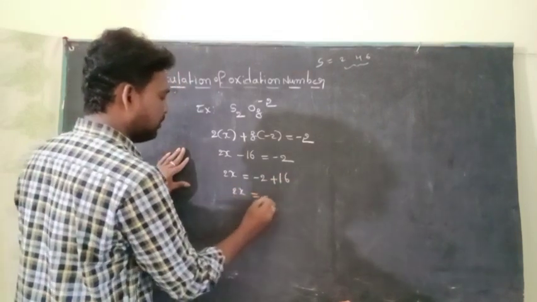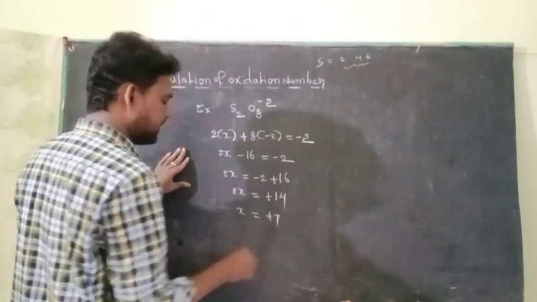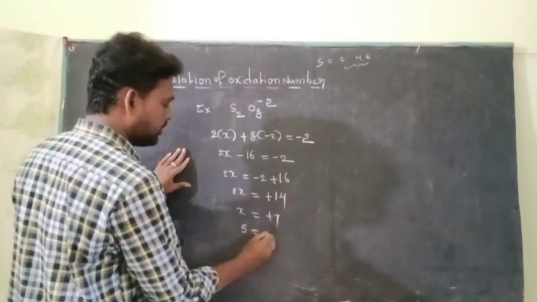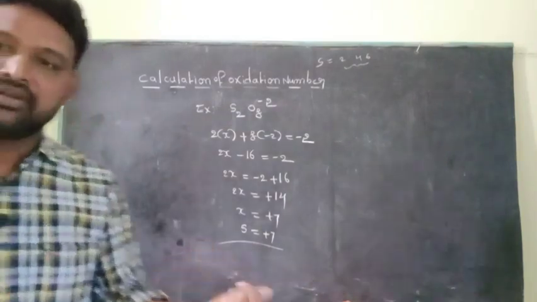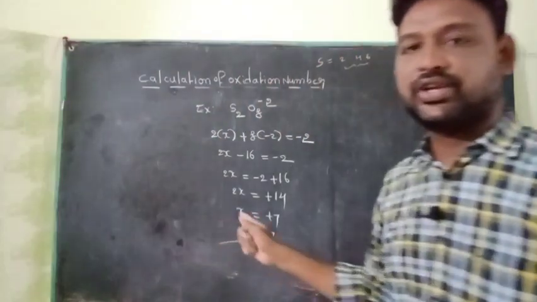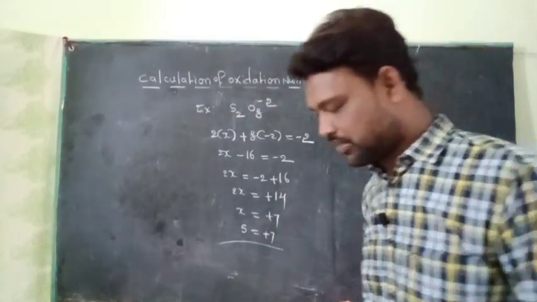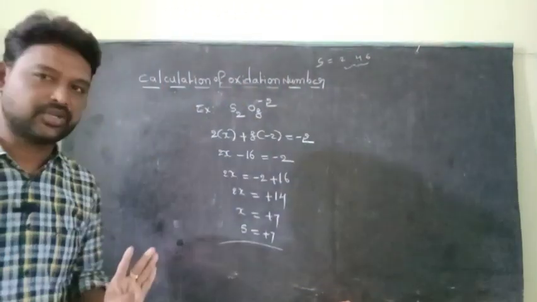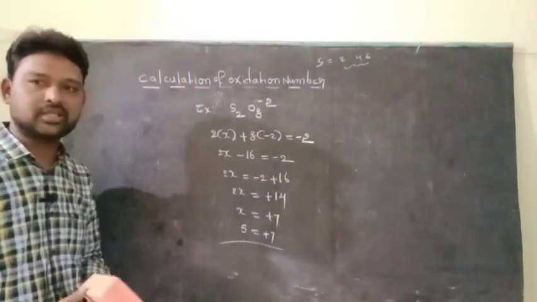The 2x equal to plus 14. The x equal to plus 7. The sulfur oxidation number is plus 7. Here also sulfur has plus 7 oxidation number. That is a wrong answer, because sulfur exists in plus 6 oxidation number but not plus 7. So that's why this is also a peroxy compound.